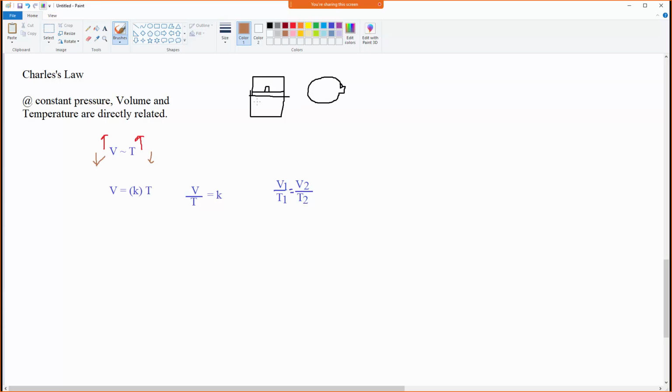So for instance, if I take this balloon and blow it up, and it's a certain volume, and then I stick it in the freezer, put the temperature down, then if I come back a couple hours later and pull that balloon out of the freezer, it should be smaller than it was before. The volume has gone down. And as I leave it on the counter and it heats back up, then the temperature goes back up to where it was, and the volume will also expand back up to where it was.